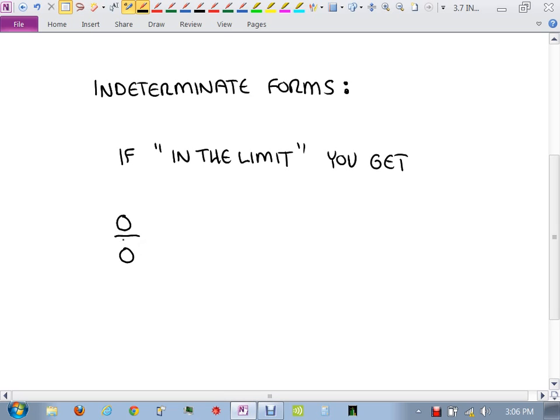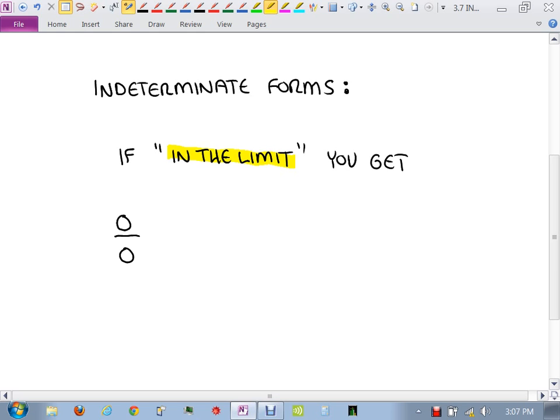Remember this? This was one of the first things that we ever stumbled across with limits. The numerator's headed to 0, the denominator's headed to 0. So when I say if in the limit, and this is so important, as you take the limit of something, you get something that looks like 0 over 0, that's what we call an indeterminate form.